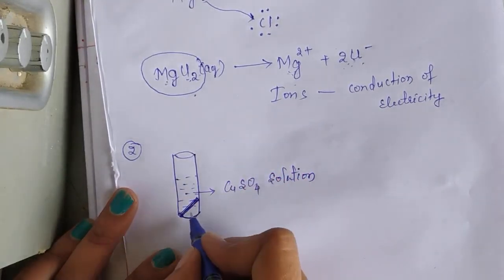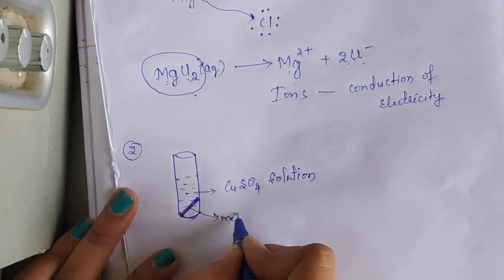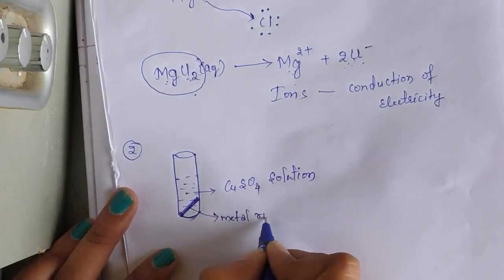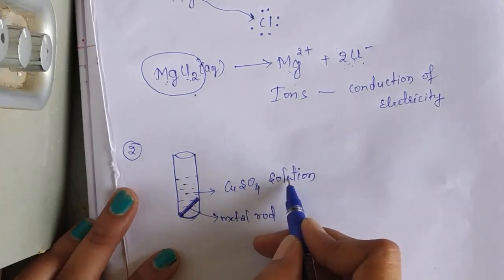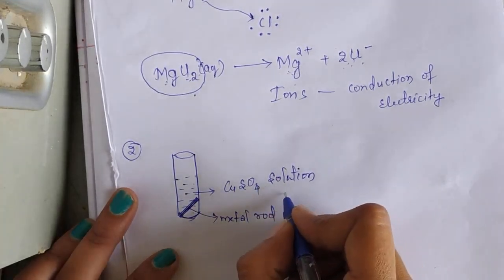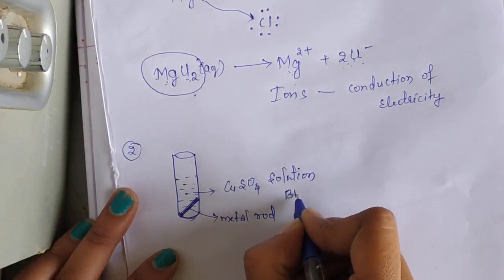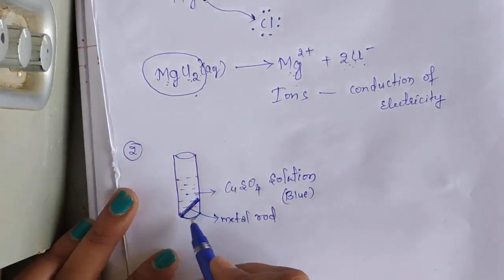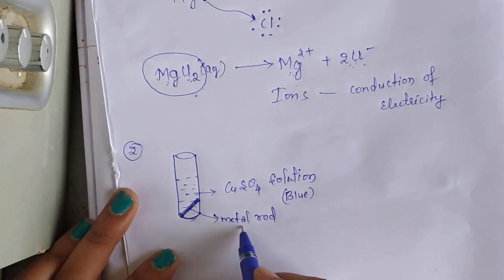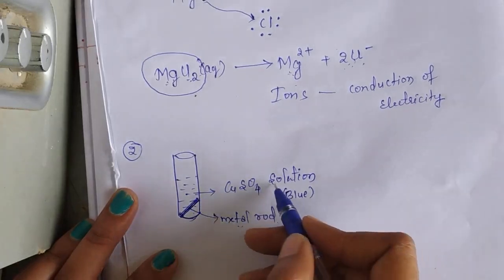Okay, this is the metal rod. The copper sulfate solution is blue in color, and inside this test tube we are placing the metal rod.